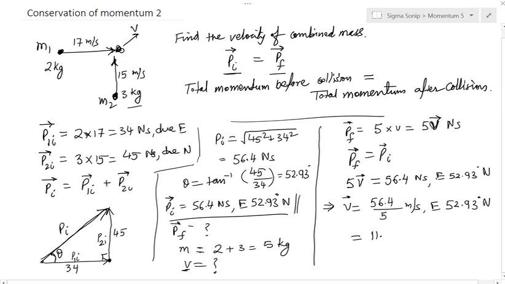Finally, just plugging the values into the calculator, you get 11.28 meters per second east 52.93 degrees north. So after the collision, the combined mass will move with this velocity, and they will move in this direction.